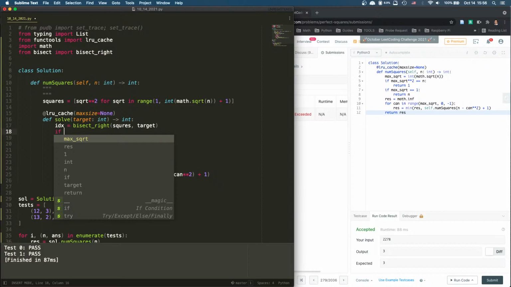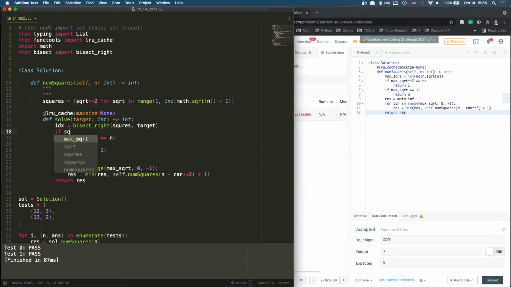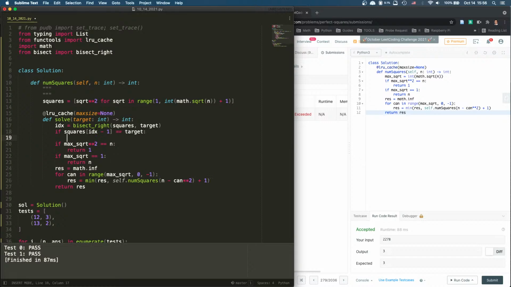We say if squares, I spelled it wrong, it's S-Q-U-A-R-E-S, if squares index minus 1 is equal to target, right? Then we are going to return 1.